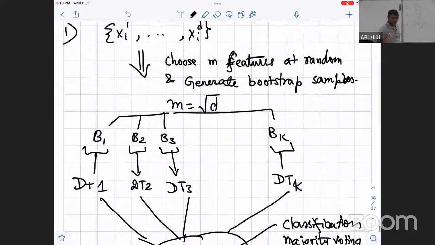So what is the idea of taking B1 to BK? Have you seen already in the course the bias-variance trade-off?